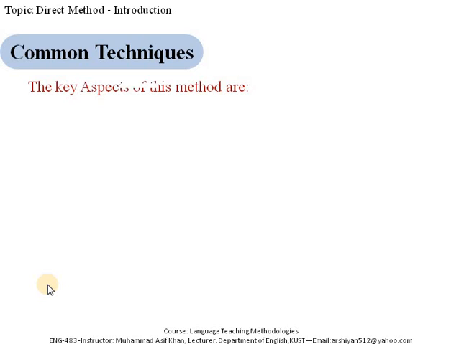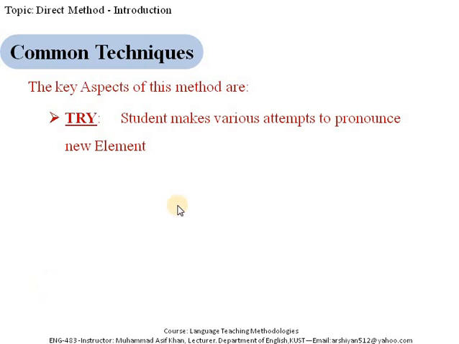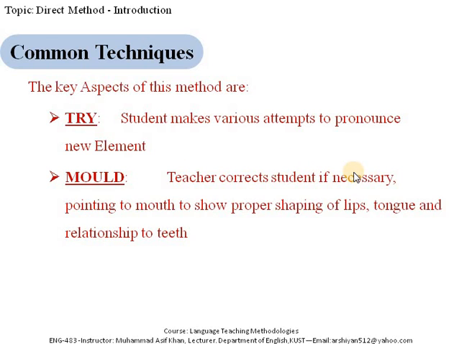pronounce the new element. Here comes the molding phase, because the teacher corrects the students if necessary, and he points to the mouth to show the proper shaping of the lips. But students have to correct themselves. He is not forcing anyone to do that.